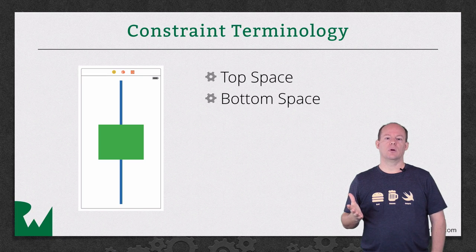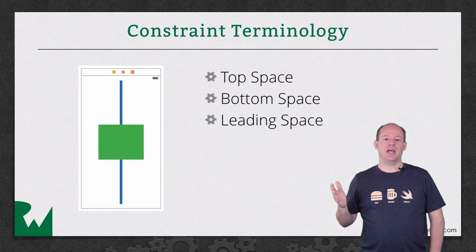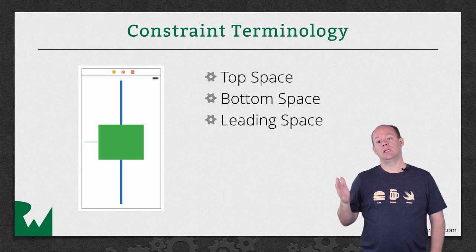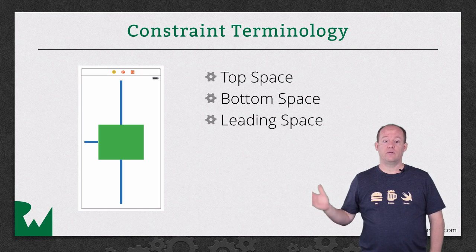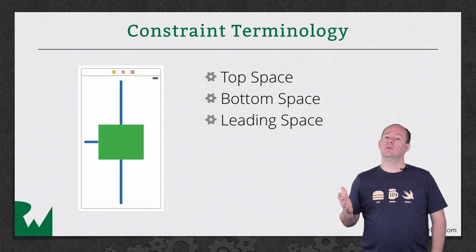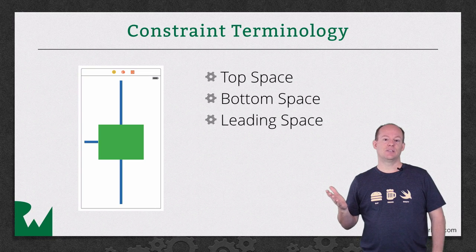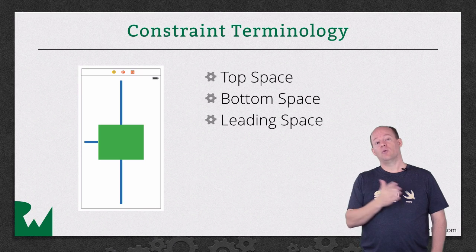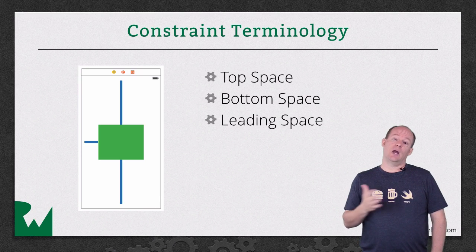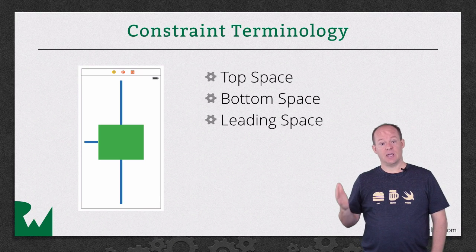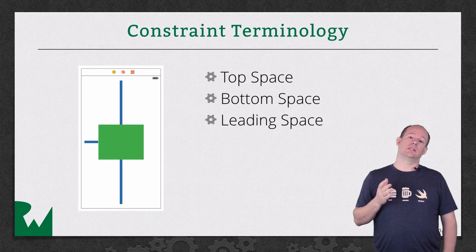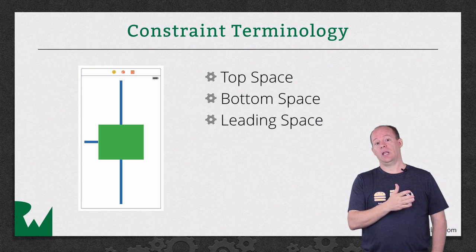Those are pretty straightforward. Next, you have a leading space constraint, and that usually defines the distance between the left side of the view and another view. Why is it called a leading space constraint? Well, auto layout has built-in support for languages that read right to left. In left to right languages, the leading space is the left edge, but in right to left languages, the leading space is the right edge.